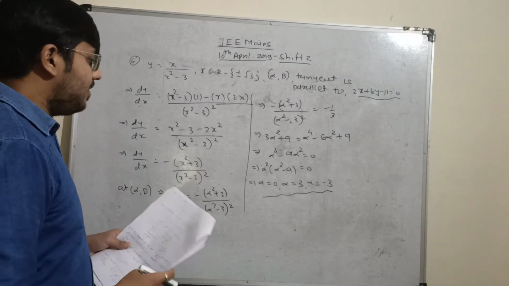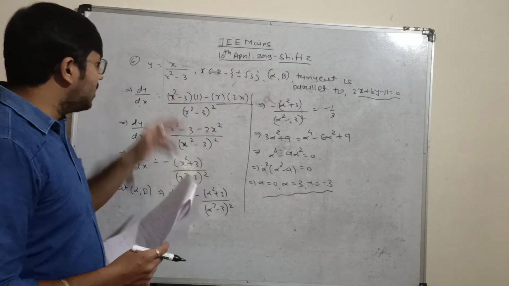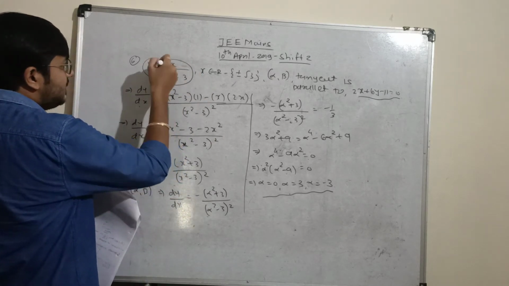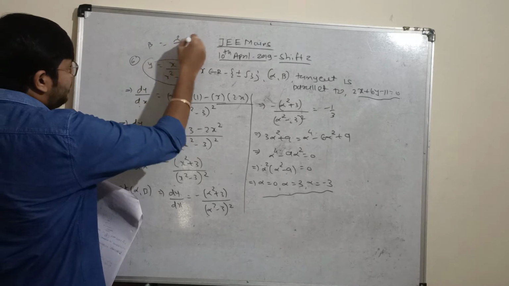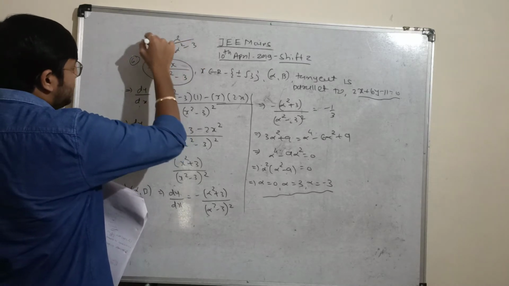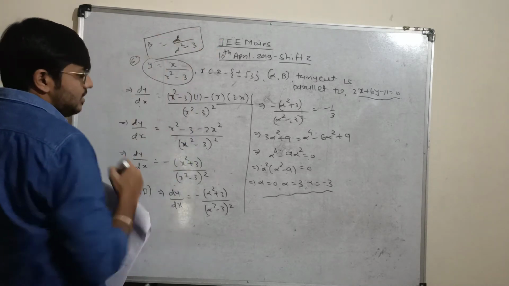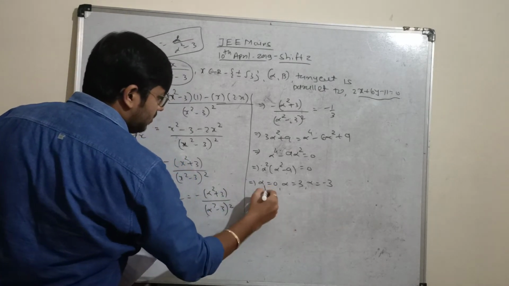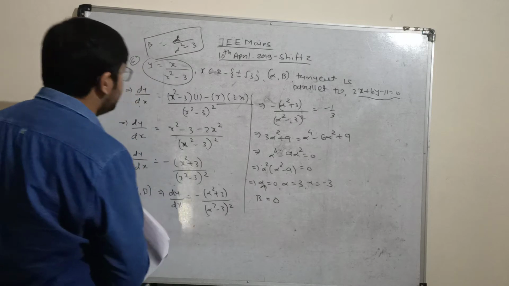Okay, now we already have alpha beta on the curve. So if alpha beta is on the curve, when you satisfy this point with that, it will be beta equals alpha upon alpha square minus 3, like this, right? So if I put alpha as 0, for this value of alpha equals 0, beta is also 0.